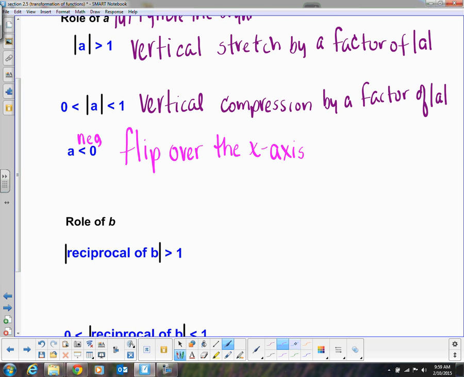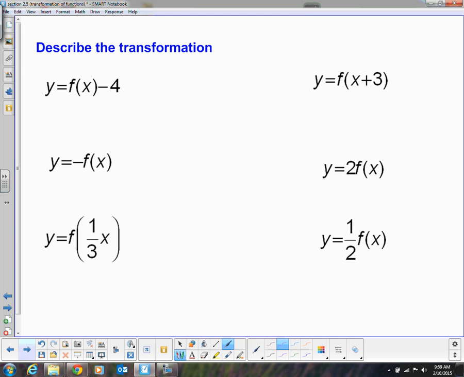So maybe we should do an example. I'm going to stop here, and we're going to go here. So what is A? 1. Because A is 1, that means there is no stretch or compression.